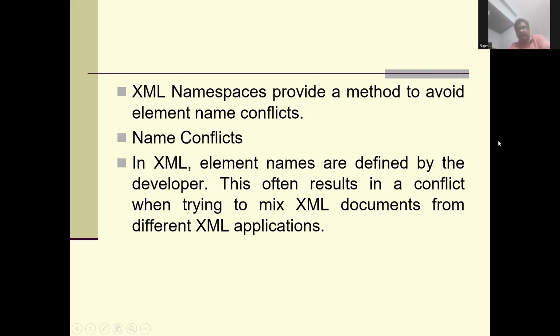XML namespace. What is an XML namespace? We are exchanging different data between different types of applications through the internet, in different data formats. The same elements can be present in one business-oriented application and also in another application.